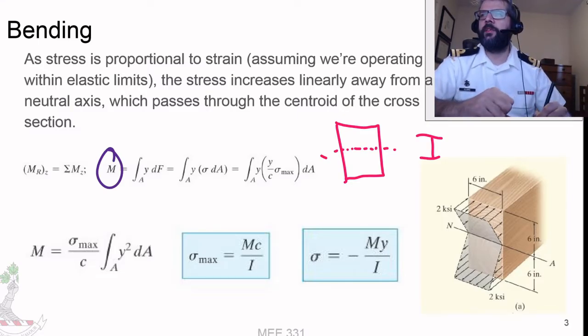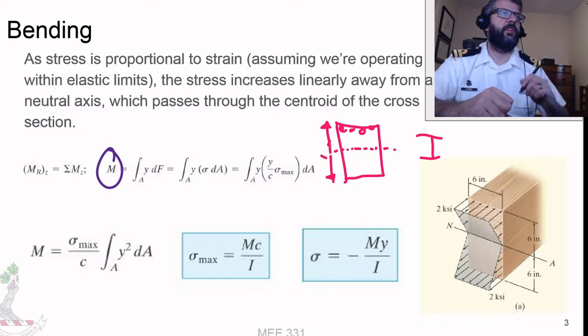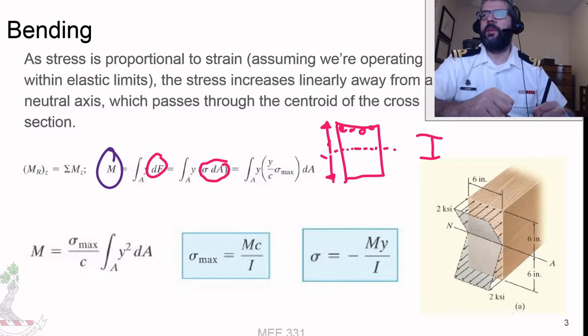But anyways, we're increasing our distance y here, or we're decreasing it, and then multiplying that by the little bits of force that arise. Those little bits of force arise due to the stress times that area.